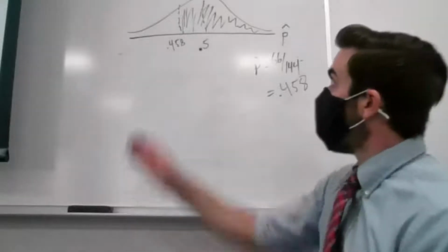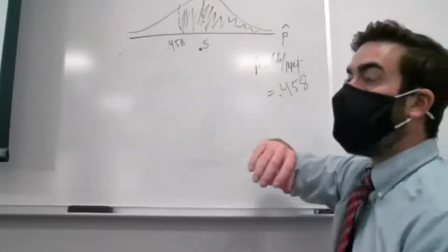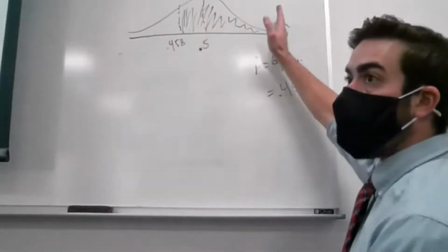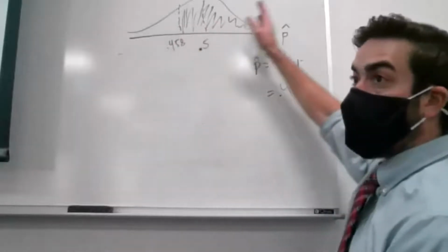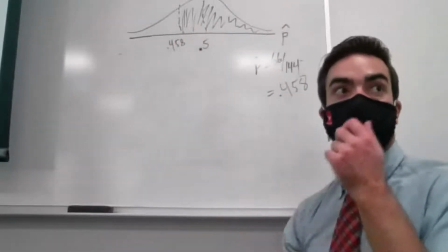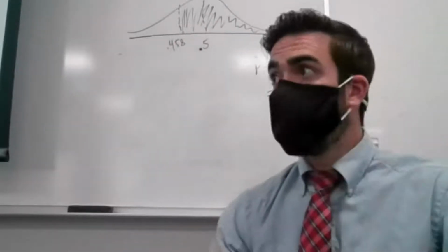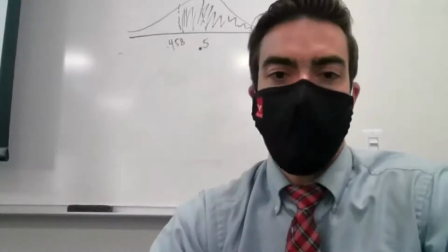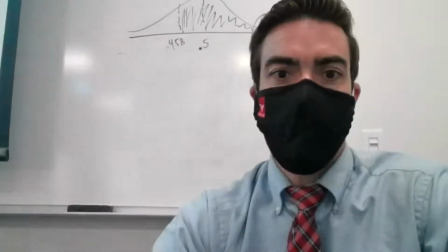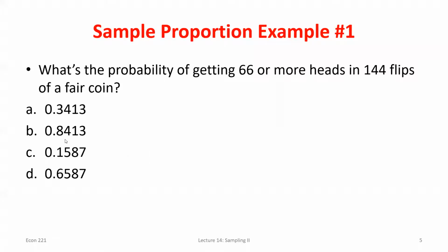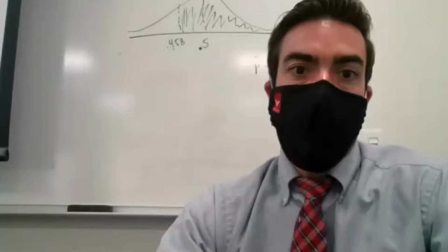Right away, I know this area has to be greater than what? Well, the area to the right of the mean is 0.5. So I'm looking for an area that's larger than that. So I know right away this probability has to be greater than 0.5. Okay. So I can look at the possible values here. It has to be greater than 0.5, so C and A don't make any sense. I can rule those out right away.